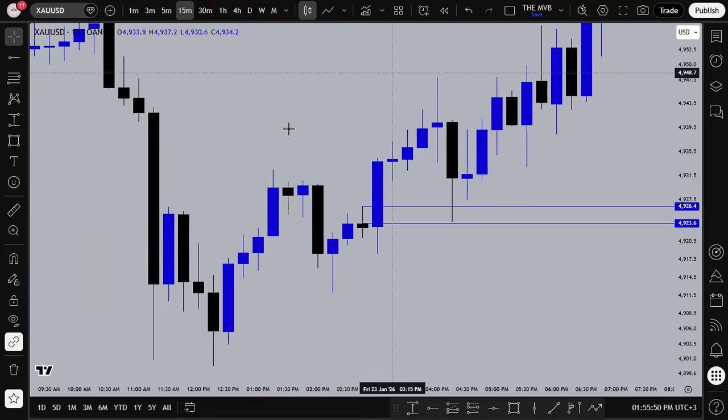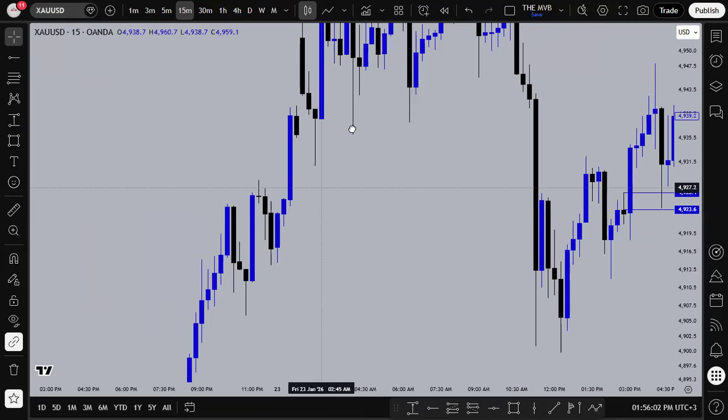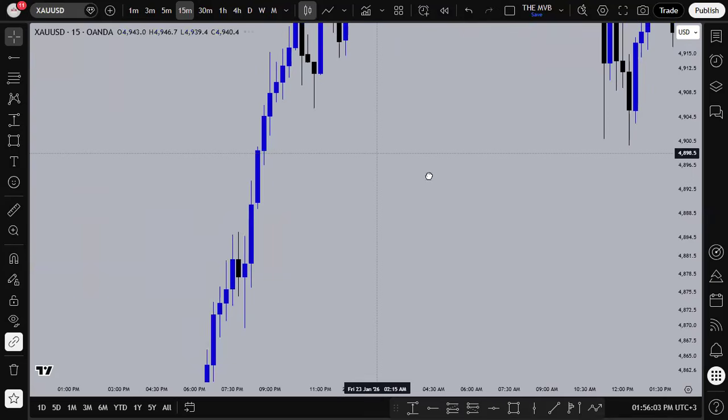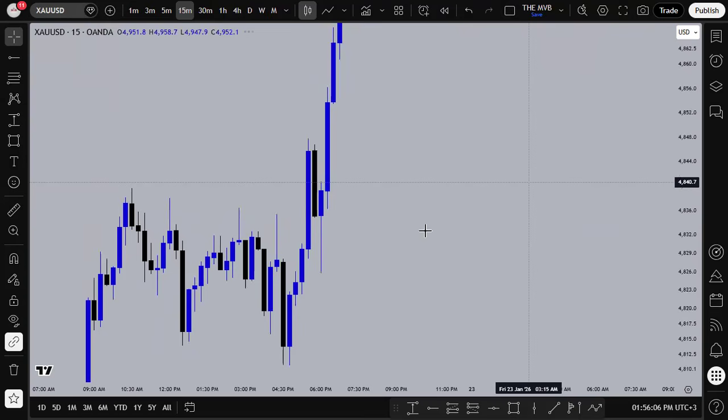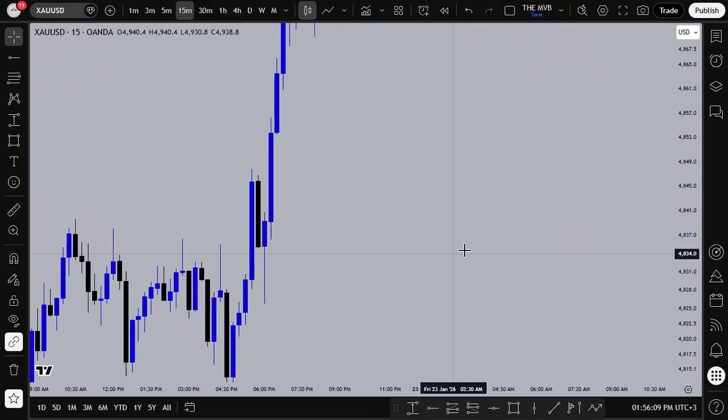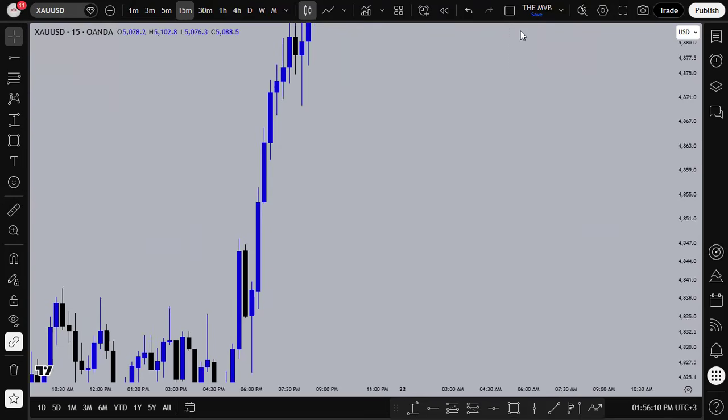You can use this trick to pass different prop firm accounts. You can use this trick to elevate your trading journey.